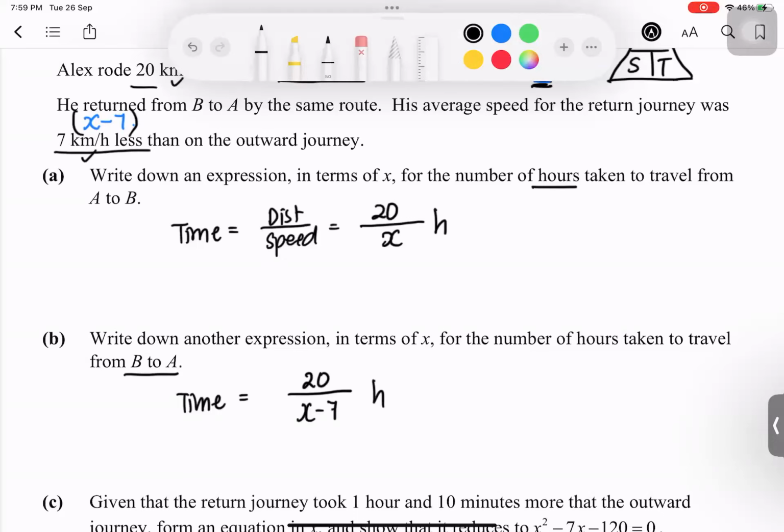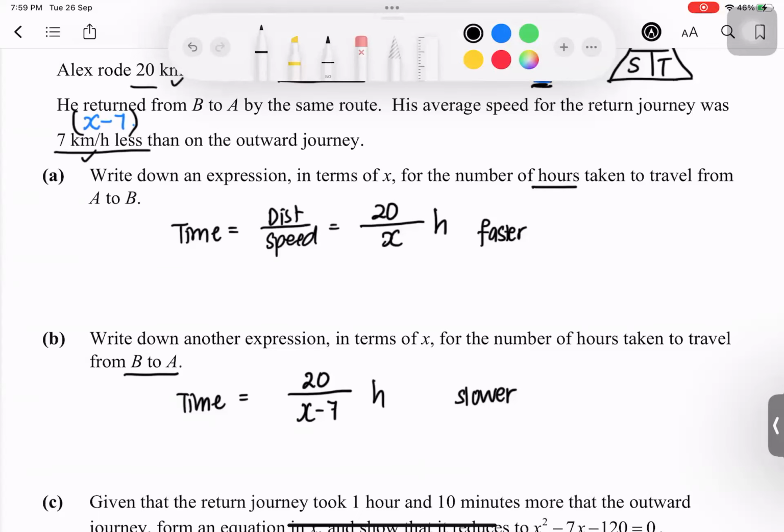Then next thing, I have to check. This one is faster. This one is slower speed. Can you tell me which one will take longer time, part A or part B? The faster one or the slower one? B, correct.